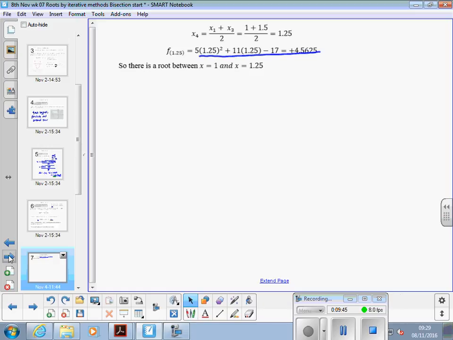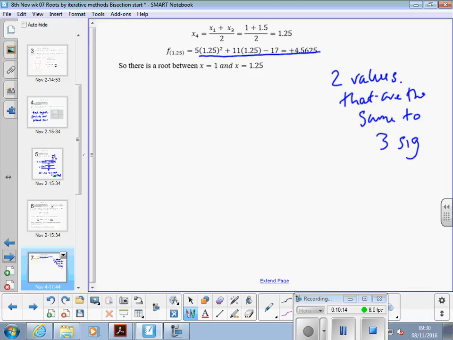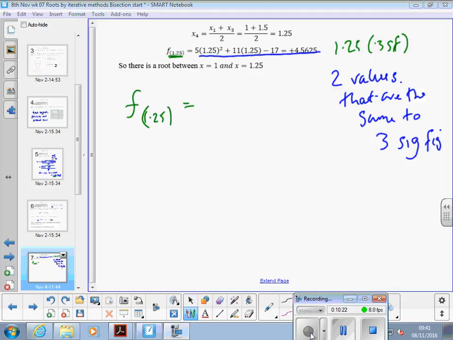So there must be a root between 1 and 1.25. What we need to do is carry that on until we get two successive values that are the same to three significant figures. So have a go at that, see how you get on. What have you got for the function at 1.25?